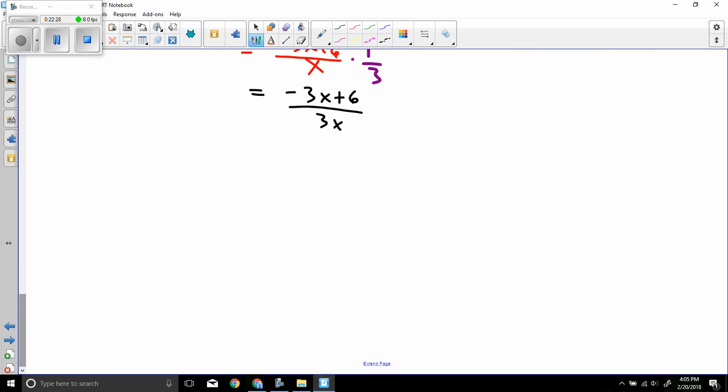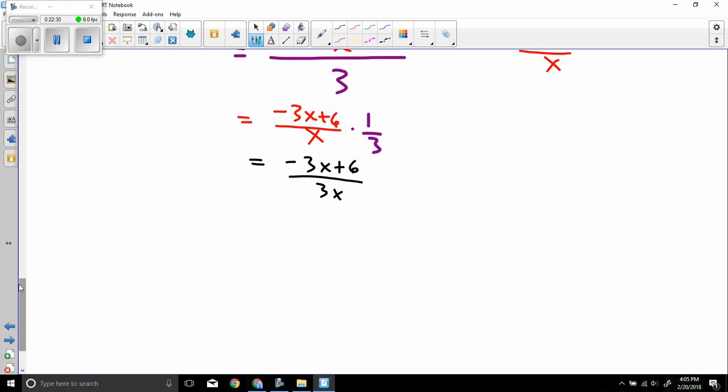Oh, hold your horses, we're not quite done. On the top, I think a 3 comes out. I think I can pull a 3 out, which will make this negative x plus 2, all divided by 3x. Then I get to see that, hey look, this 3 cancels with this 3, and I have my final answer of negative x plus 2 all over x.